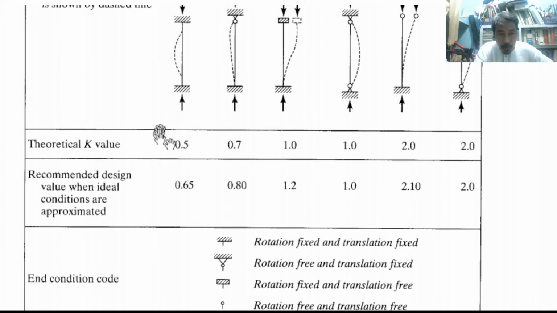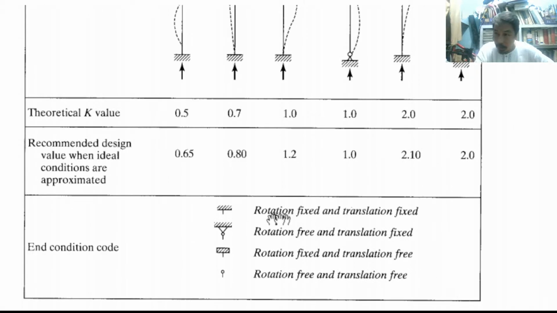Although you have this theoretical value of K, in actual practice you are using the recommended design value. For 0.5, use 0.65. For 0.7, use 0.8. For 1, use 1.2. For 1, use 2.1. For 2, use 2. The conditions are rotation fixed, translation fixed; rotation free, translation fixed. These are the symbols, right?